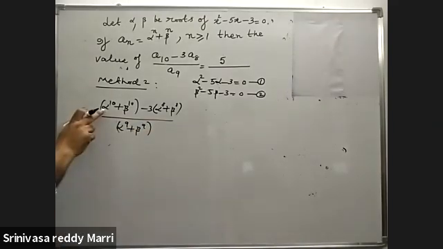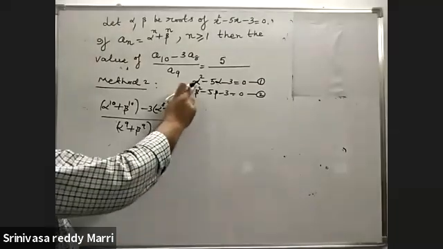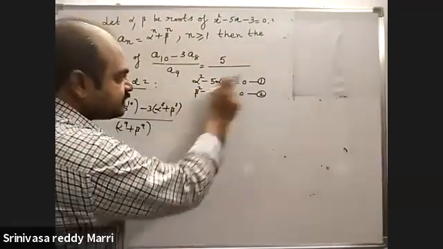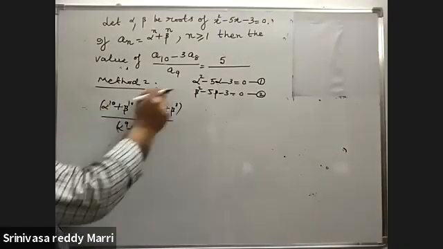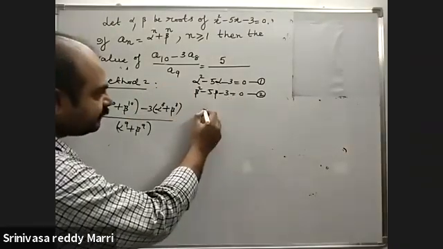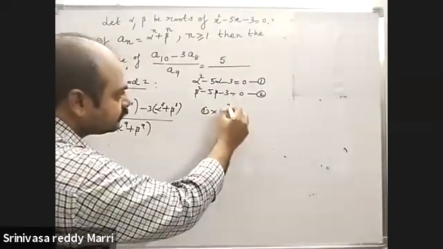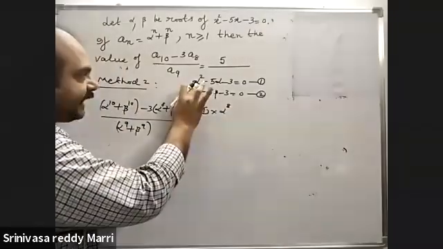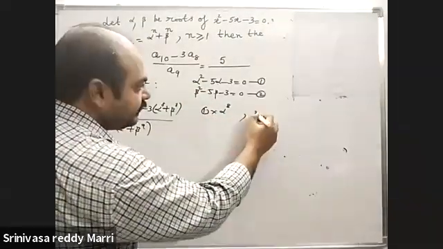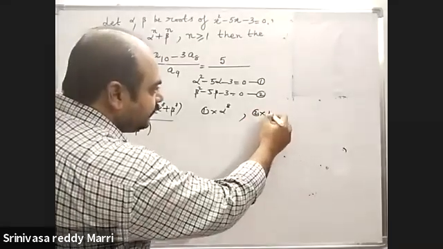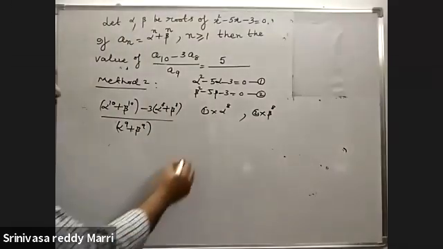Now highest power you take, alpha to the power 10 is there. Now this equation is there. Here alpha to the power 10 you have to get. That means both sides multiply with alpha to the power 8. You have to get 10. That means multiply with alpha to the power 8, such that then only you get alpha to the power 10.